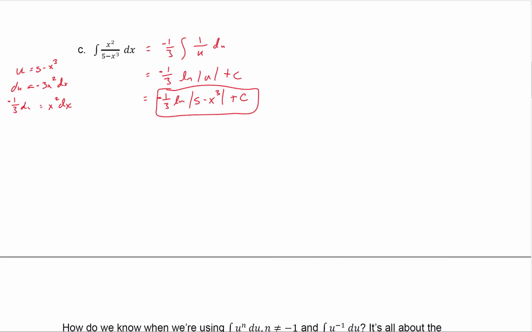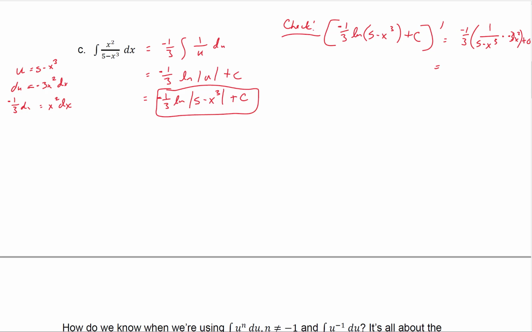So let's check this. To check these, we're going to drop the absolute value symbol. So we want to find the derivative of negative 1/3 natural log of 5 minus x cubed plus c. So that's going to be negative 1/3 times 1 over the blah, so 1 over 5 minus x cubed, times the derivative of the blah, so times negative 3x squared, plus 0 for the derivative of c.